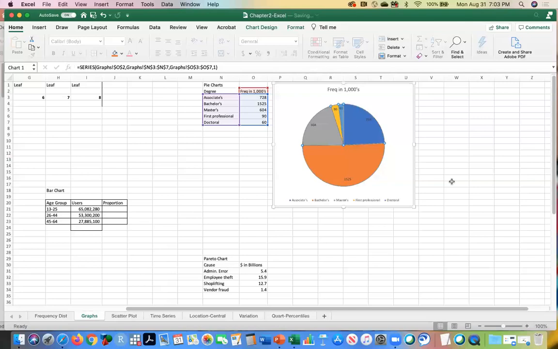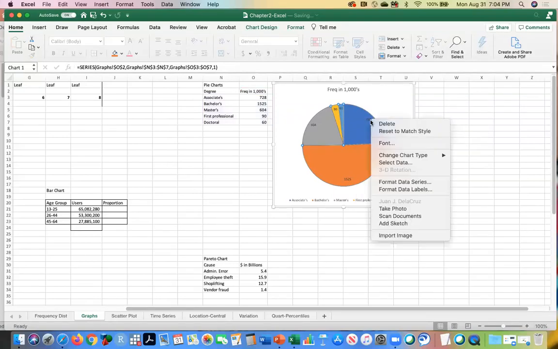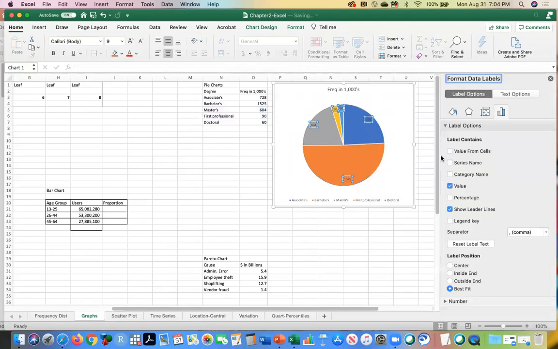Sometimes the numbers are important, but in many cases, when you express the numbers in percentages, it probably makes more sense. So once again I'm going to format the data labels and choose the percentage and erase the values, right? I also want to know the category, so I don't get lost, okay?